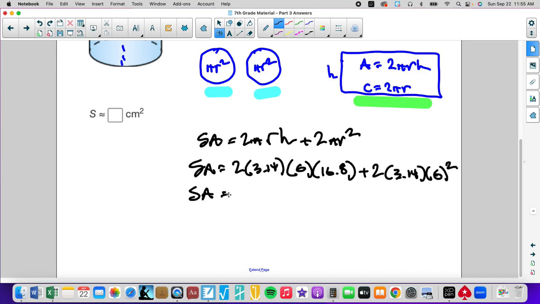So surface area equals 6.28. That's 2 times 3.14 times, this is 100.8. That's 6 times 16.8 plus 2 times 3.14 is 6.28 times 6 squared is 36.